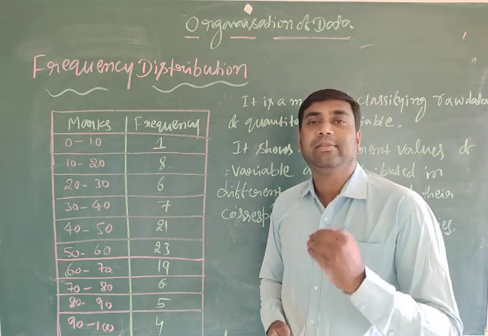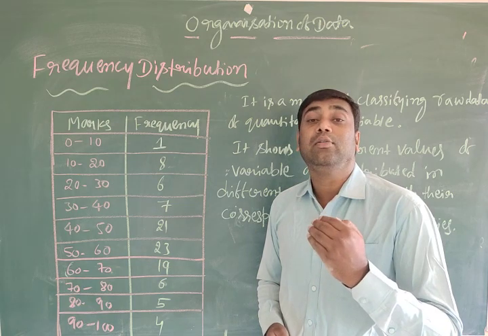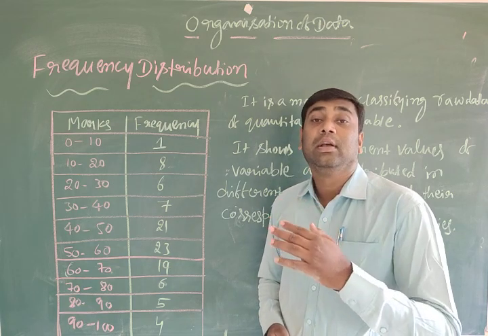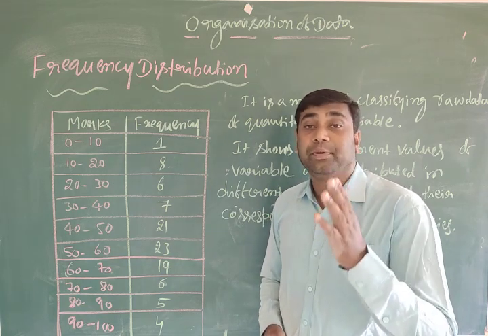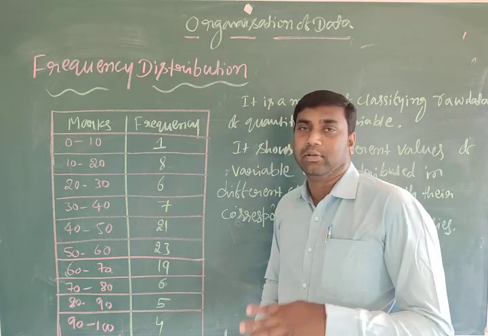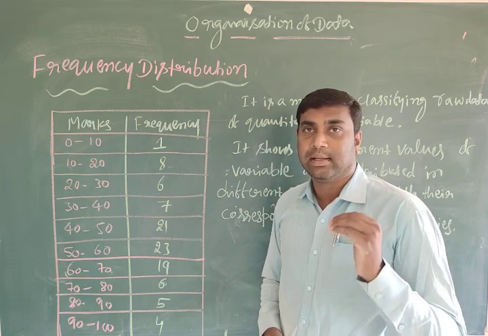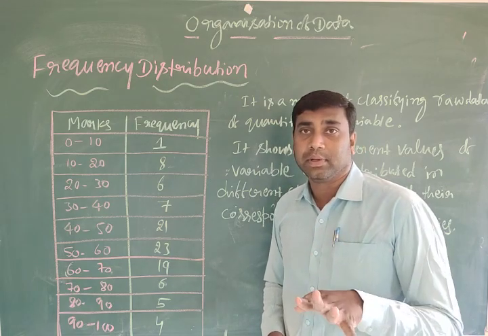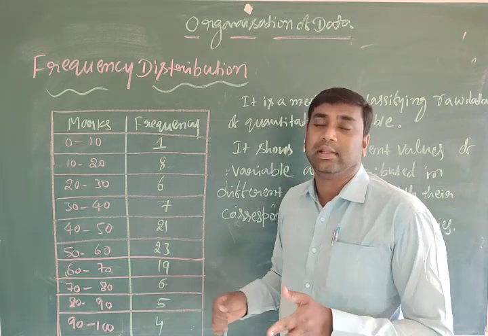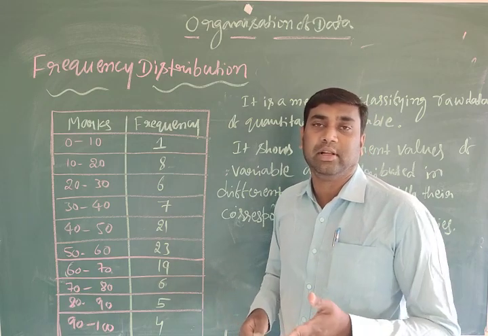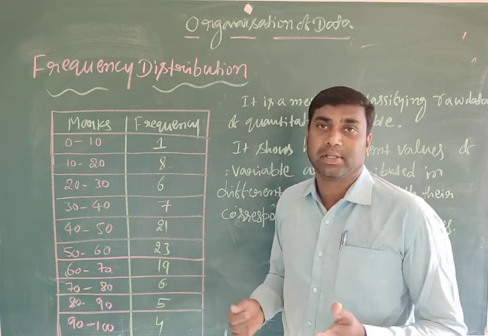Also in discrete, a value jumps from one value to another value, but in the continuous variable there was no jump, either integral values or fractional values, whatever, there were no jumpings, right?